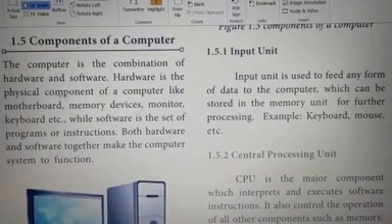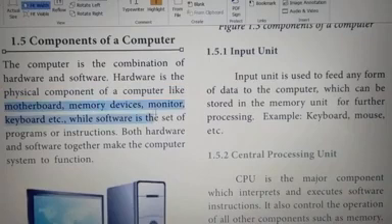So a computer is a combination of hardware and software. The hardware is the physical component. Note it: the physical components of computers, like the motherboard, memory device, monitor, keyboard, etc. Software is a set of programming instructions.